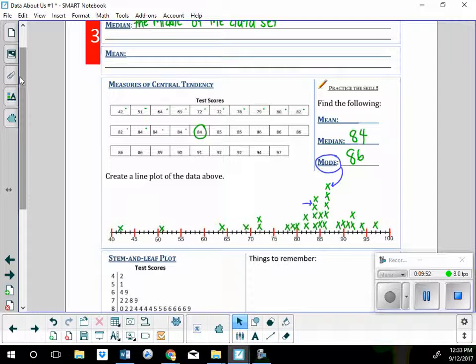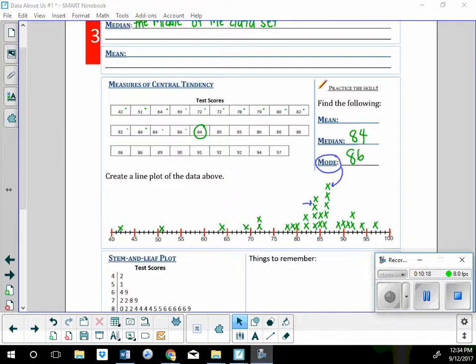And then where did you see your second cluster? Yeah, 92, from 89 to 92, so we have some clusters there. Yeah, with how students did on their test scores. So that's really good practice for some things that you'll see on your test in a couple of days.